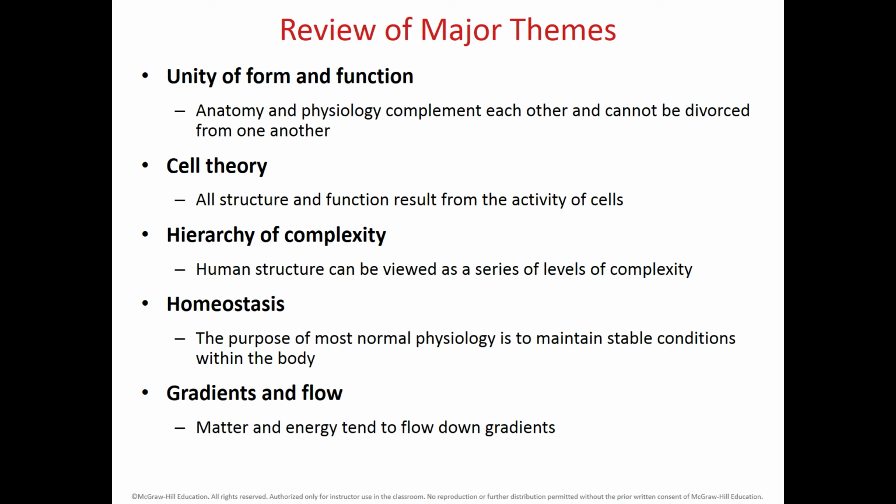Homeostasis is the constant maintenance of stable conditions within our body, and then there are gradients and flow. Matter and energy tend to flow down their concentration gradient. Again, it's very important that you understand this. Substances in our body tend to flow from more to less most of the time.